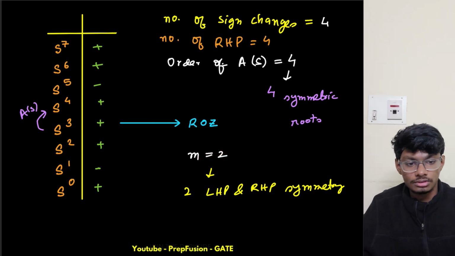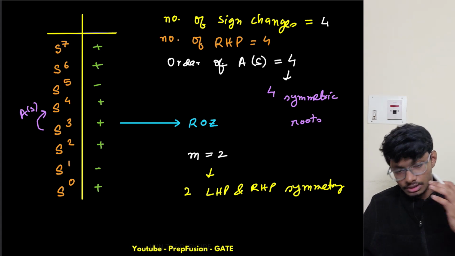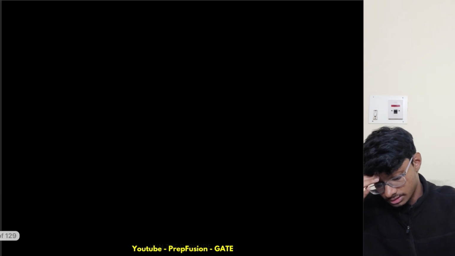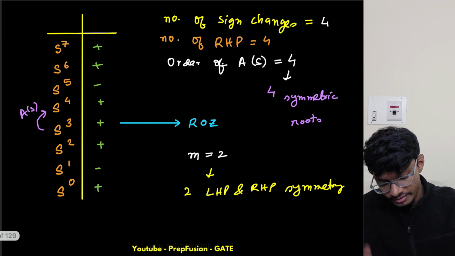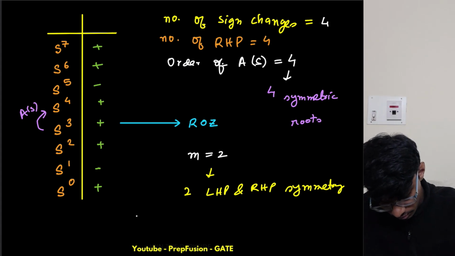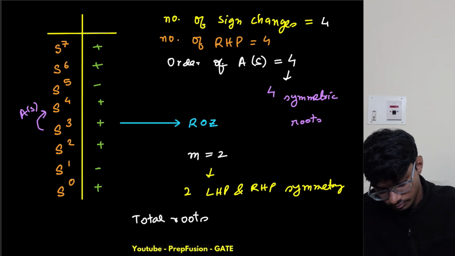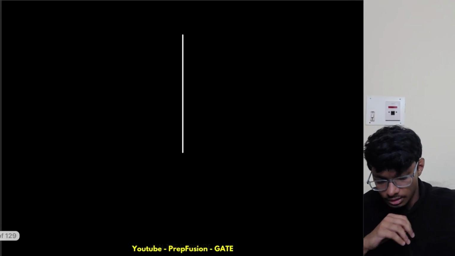Now let's see how I will plot my sigma plus j omega plane. One thing you have to remember is that I have 7 total roots.